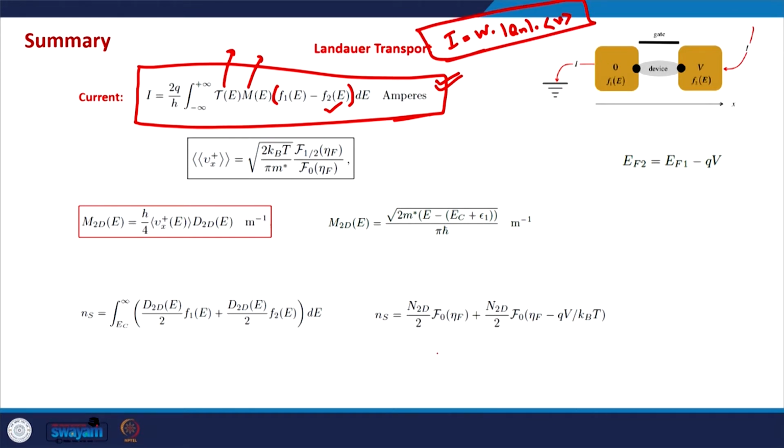This velocity is what we are concentrating on at the moment, and further on we will talk more about the charge, which will come when we discuss the electrostatics of the MOSFET. In our discussion on the MOSFET, this velocity is the velocity at which the charge in the channel is moving.